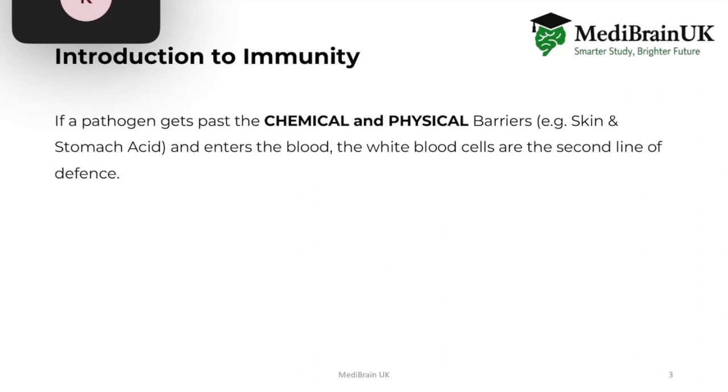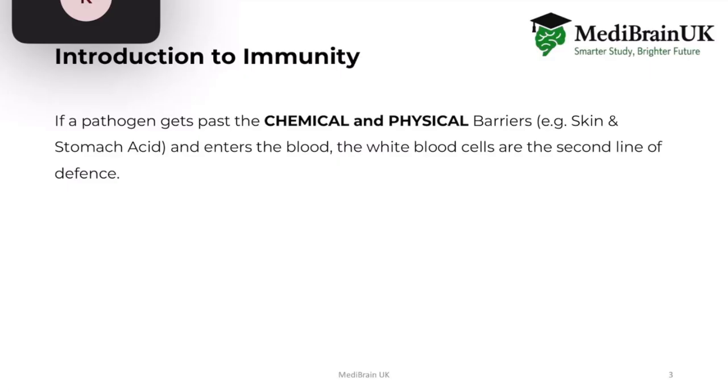That's your second line of defense. Your first line of defense are your chemical and physical barriers, which will hopefully prevent the pathogen from entering your body. And there are two types of responses that white blood cells can trigger.